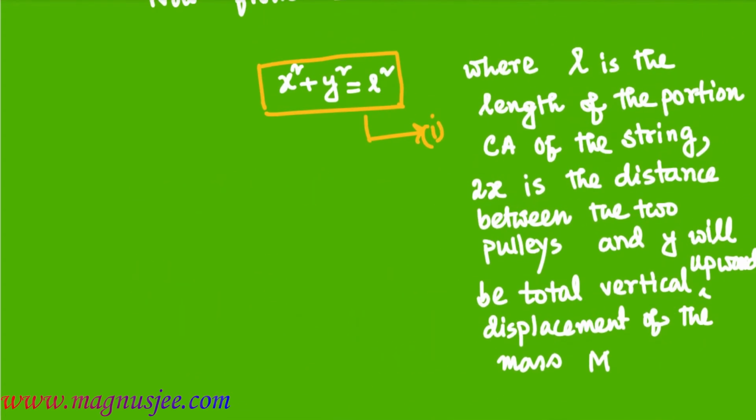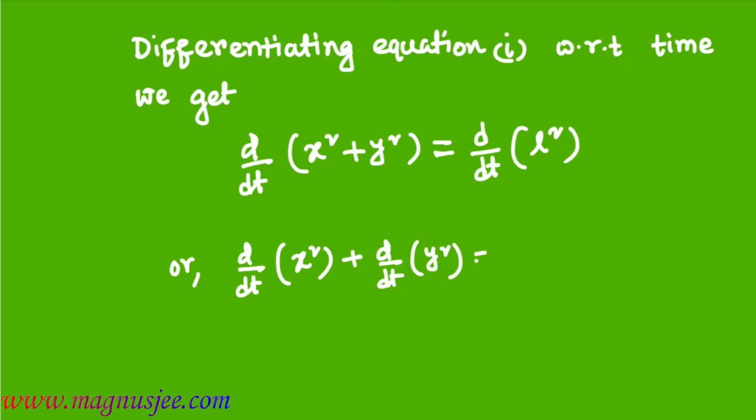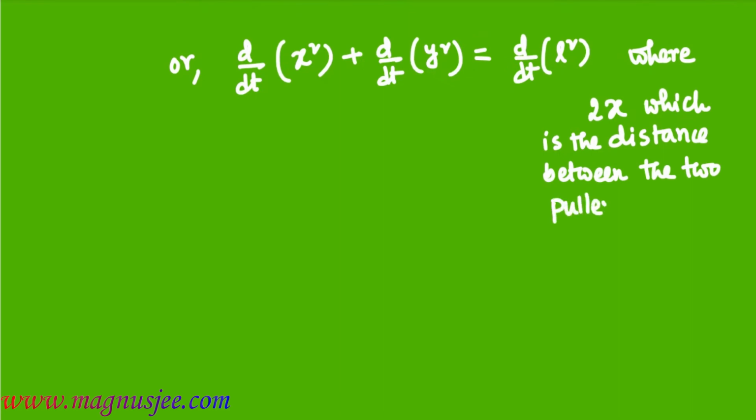That is, d by dt of x square plus d by dt of y square equal to d by dt of L square, where 2x, which is the distance between the two pulleys P1 and P2, is constant.